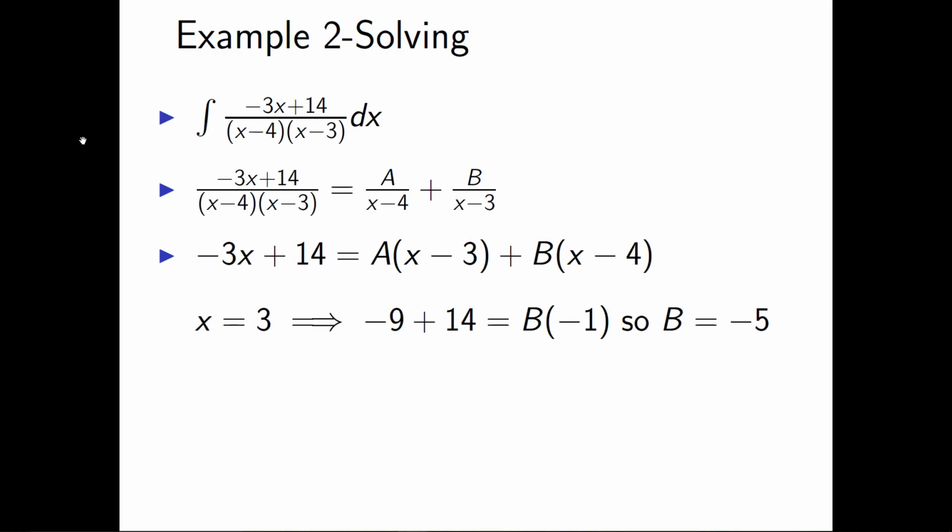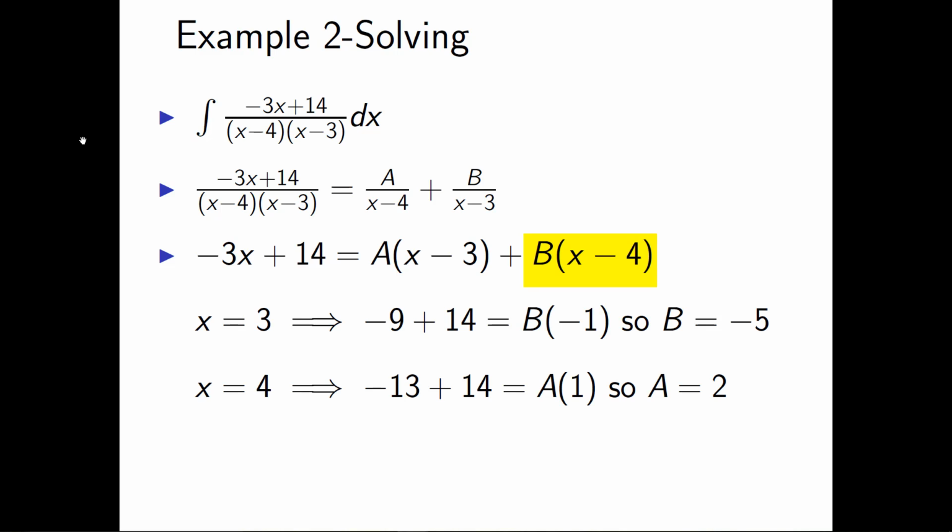And having seen that, hopefully it's pretty obvious what the other easy value of x is: x equals 4. Plug in x equals 4, we get negative 12 plus 14, which is 2, equals A times 1, so A equals 2.